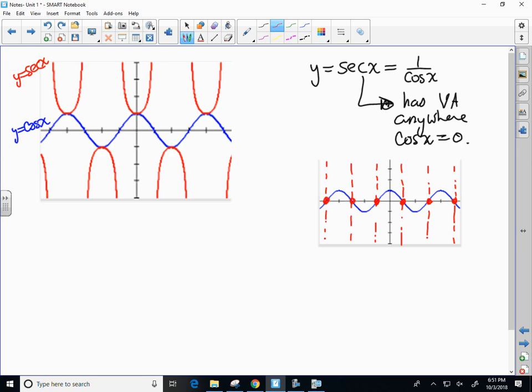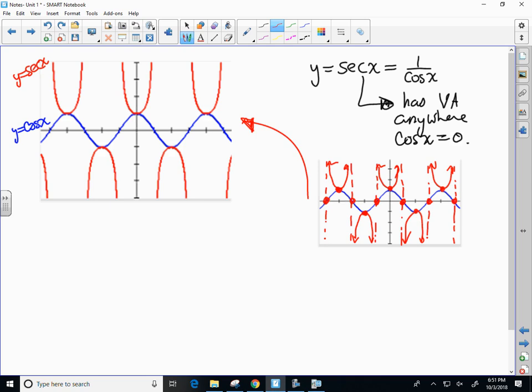So if I take in each interval the curve that's there and flip it, I'm actually taking the reciprocal of the graph. So that's how this graph comes into being.